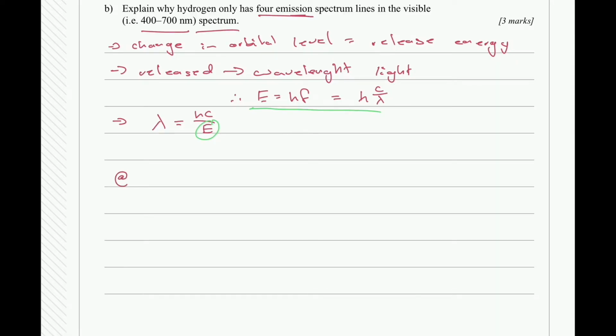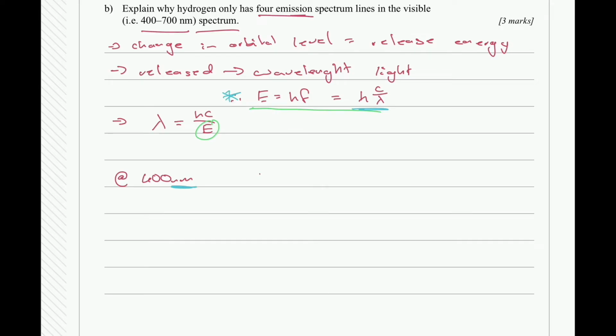So at 400 nanometers, I'll highlight it in blue, I'm going to use this equation here, E equals hc over our wavelength. And remember, this is in nanometers, so I need to convert that to meters by times 10 to the negative 9.